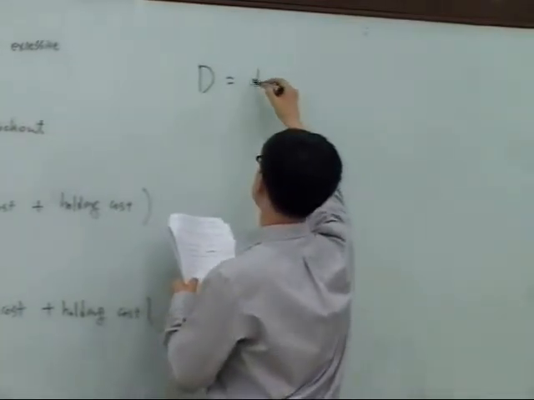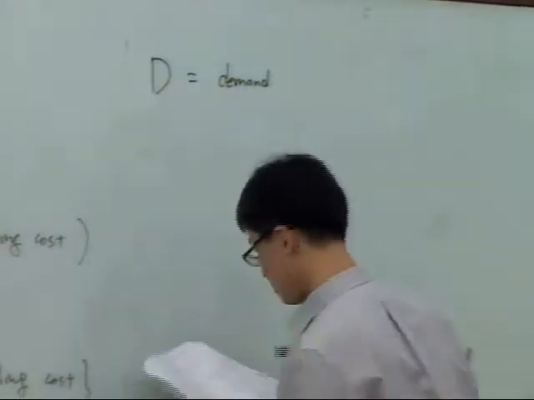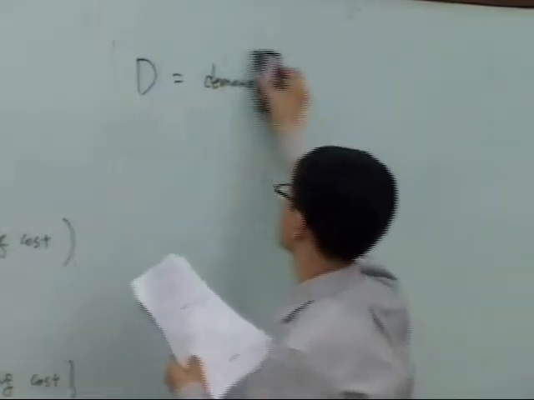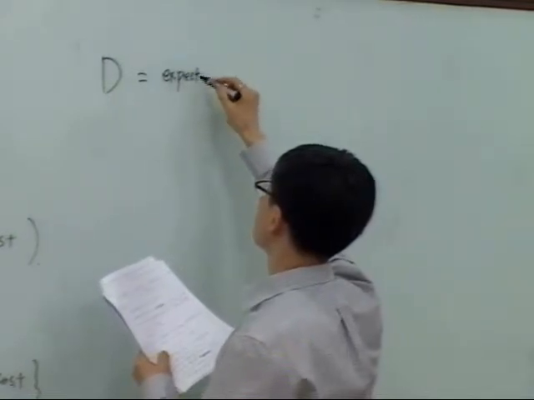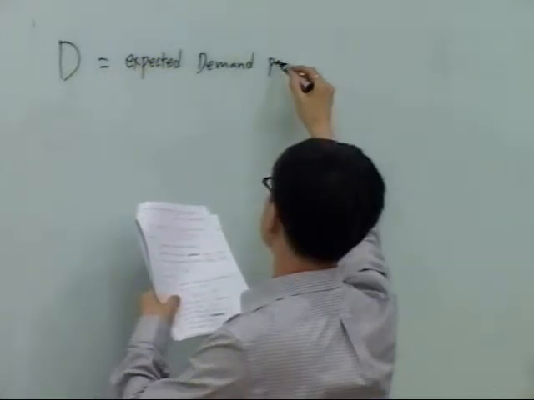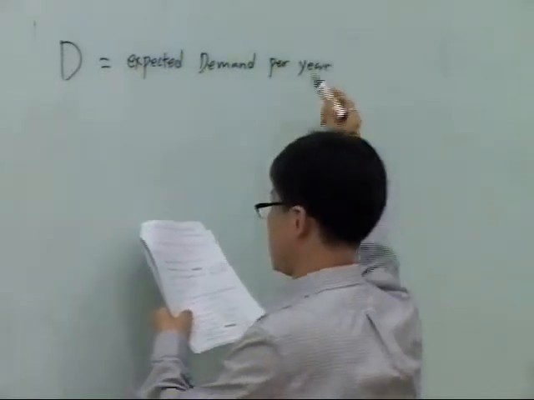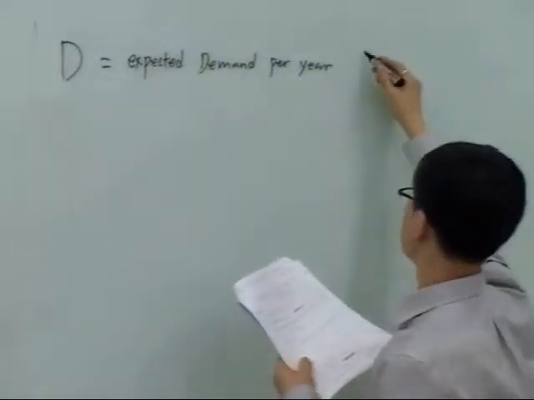D is defined as demand, but to be more precise, let's say expected demand per year or per given unit of time.